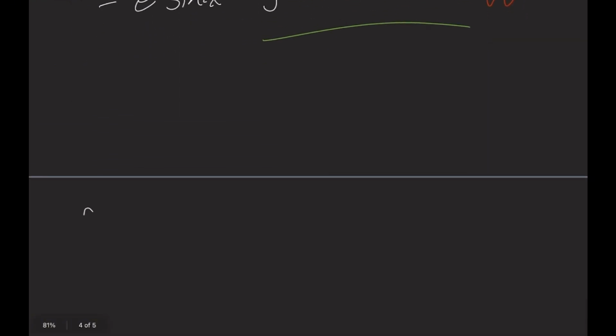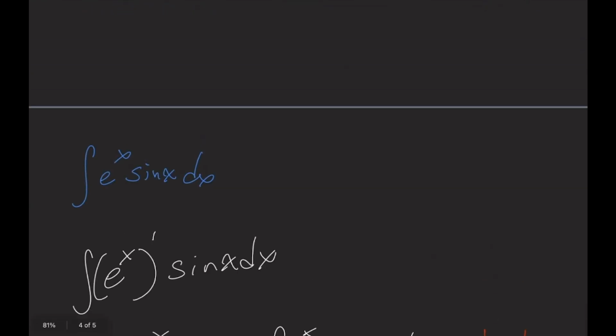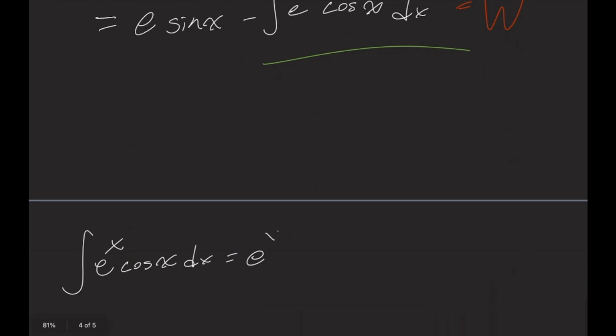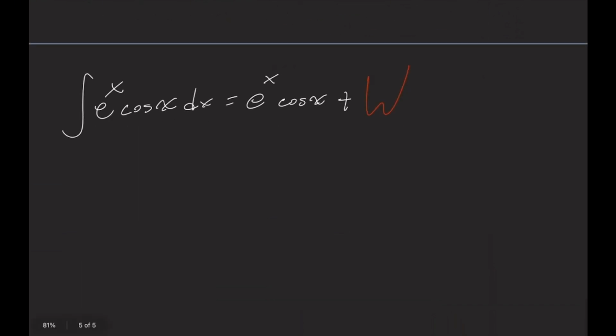Actually, I'm going to rewrite it again. The integral of e^x cos x dx is equal to e^x cos x plus W.